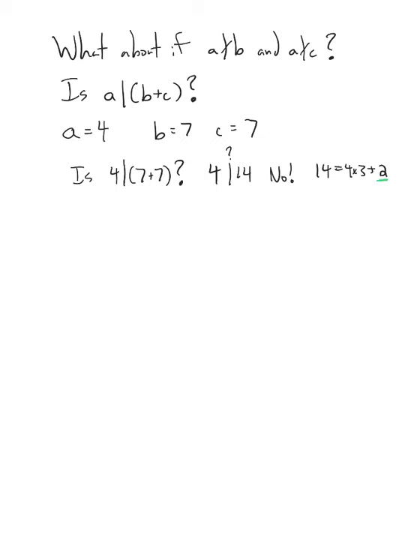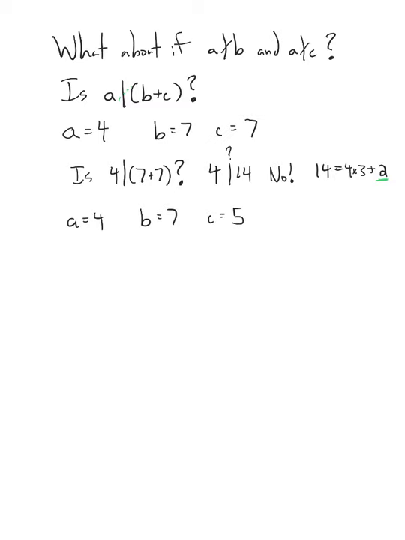So maybe you're going to say, all right, well, it looks like it's always not a factor. But here's a situation where just one example isn't enough for you to see what's going on. Let's do a different one. Let's do A equals 4. In this case, B is going to be 7, and C is going to be 5.